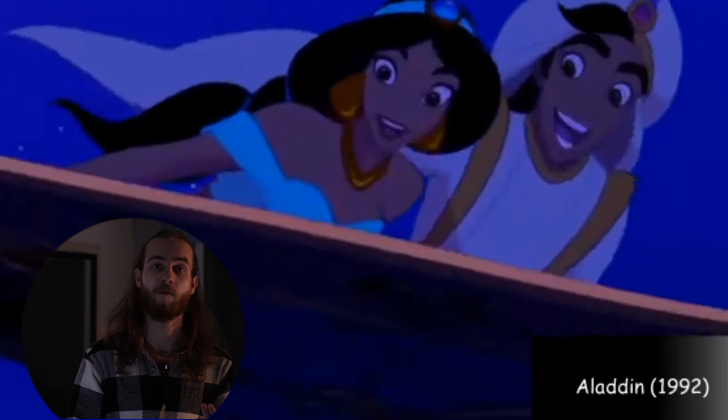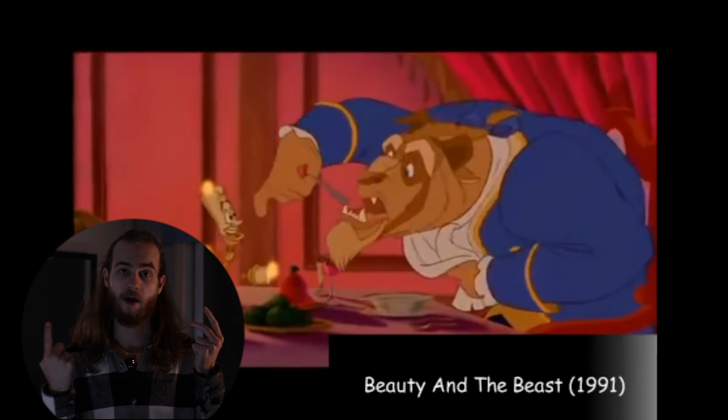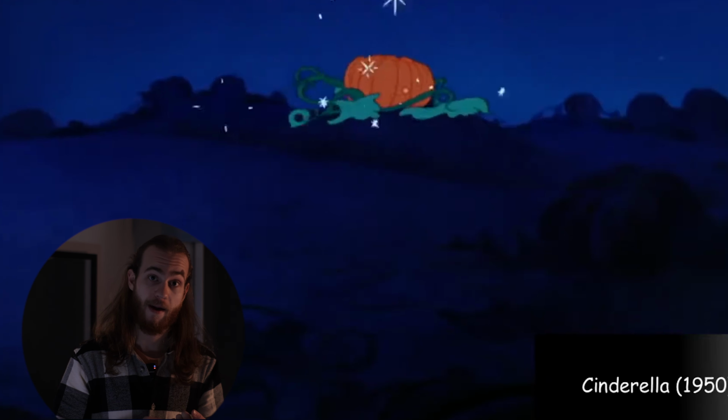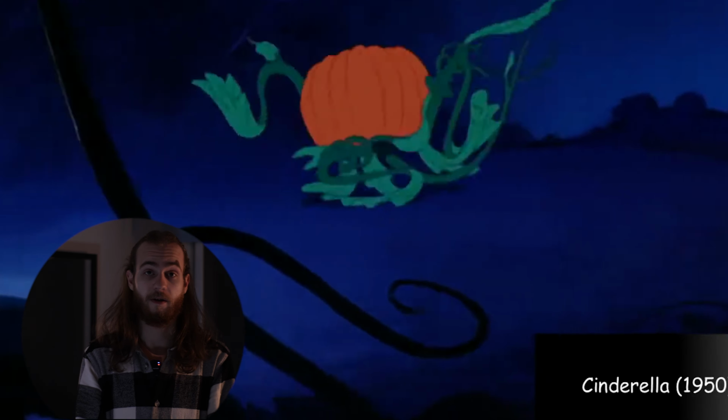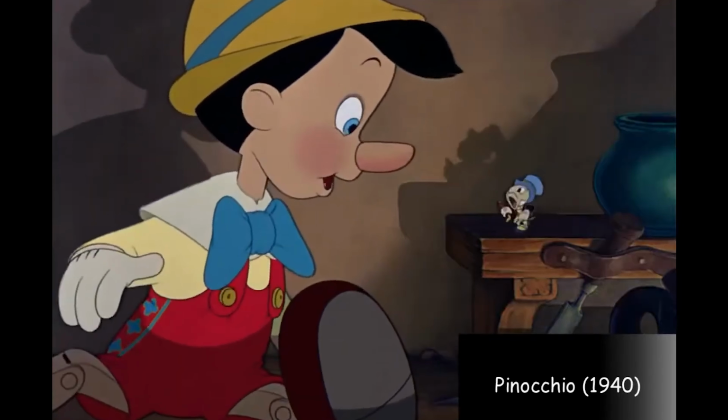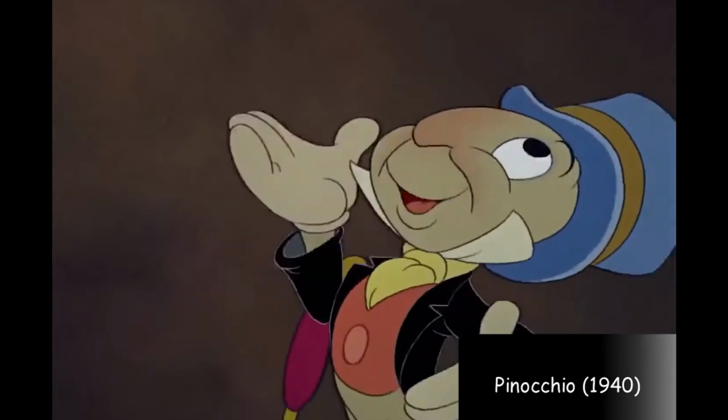Snow White and the Seven Dwarfs, Pinocchio, Dumbo, Bambi, fantasy, that's unbeatable. Of course there were a lot more movies, animated series, experiments, but in my opinion, Disney is the best one.